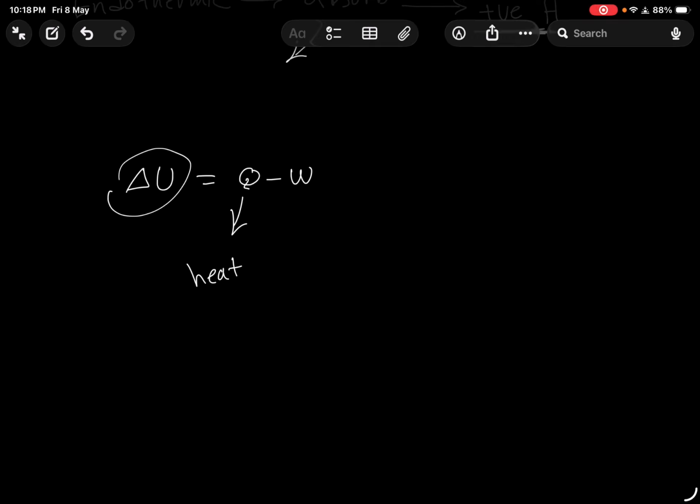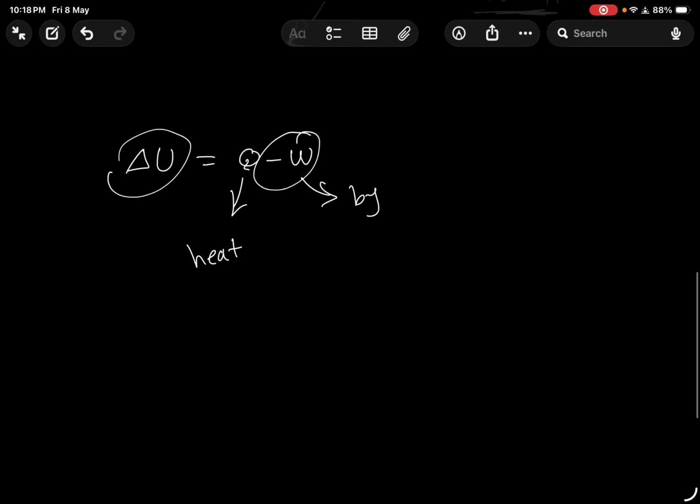In this case, the heat energy is positive because the system has gained some energy, and the work done is negative because the work is done by the system. When work is done by the system, it will obviously release some energy, because there is no other energy to make the work done on the system.